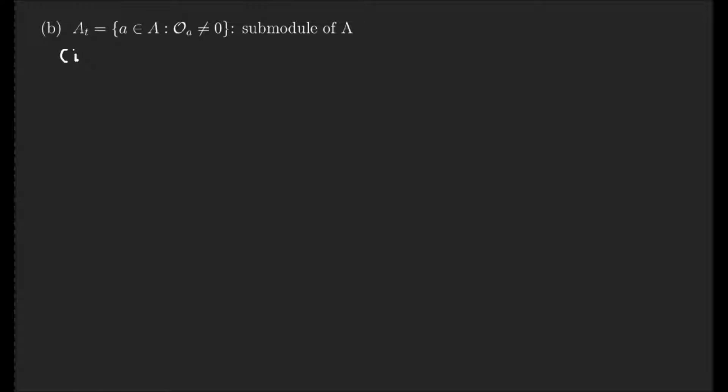If we prove AT is a subgroup of A, the remaining thing is, for all elements in R and for every element in AT, such that m is an element in R and a is an element in AT, then ma is also in AT, for all elements.